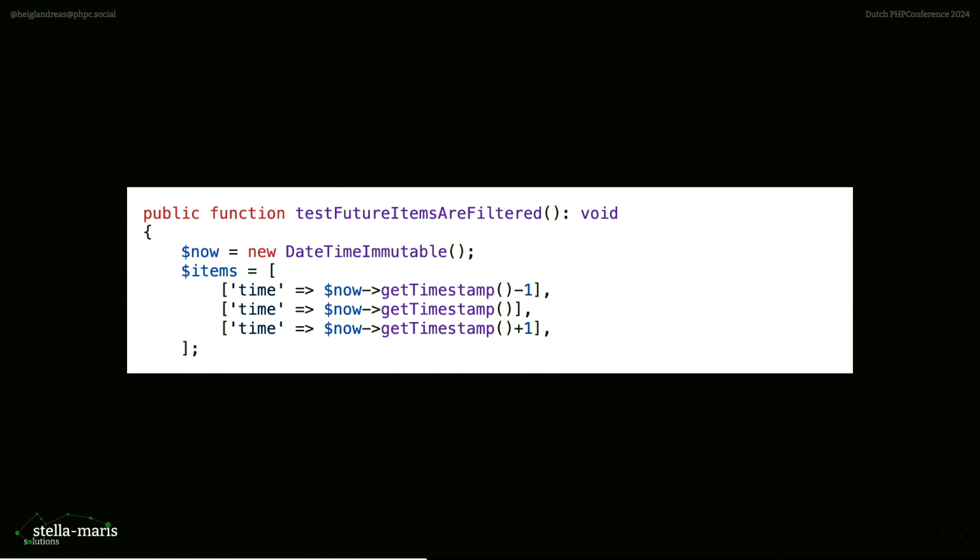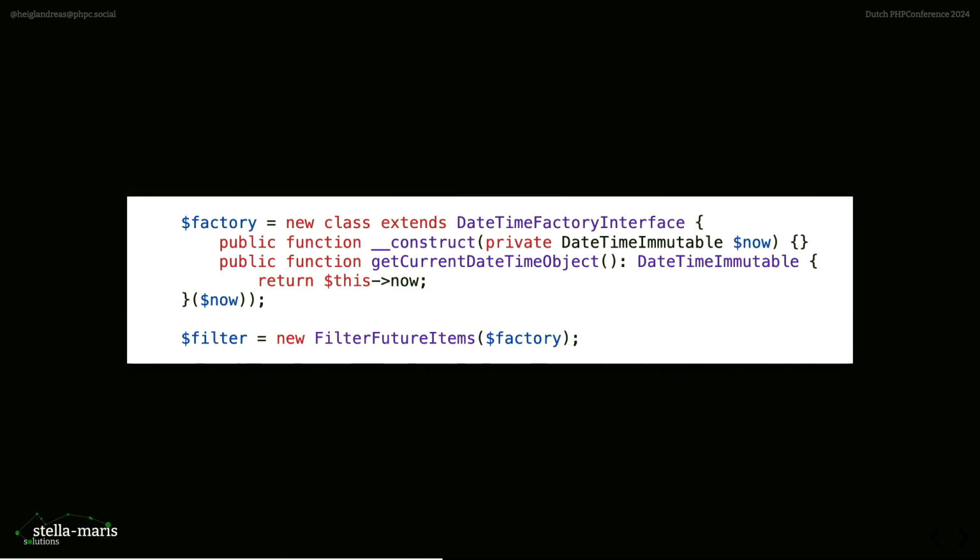And when we are creating our test, we are still kind of creating our datetime immutable here. But we can just here use the datetime factory interface for that. And that's what Katie just has shown. We can actually use in the test the possibility to extend the factory interface in an anonymous class.